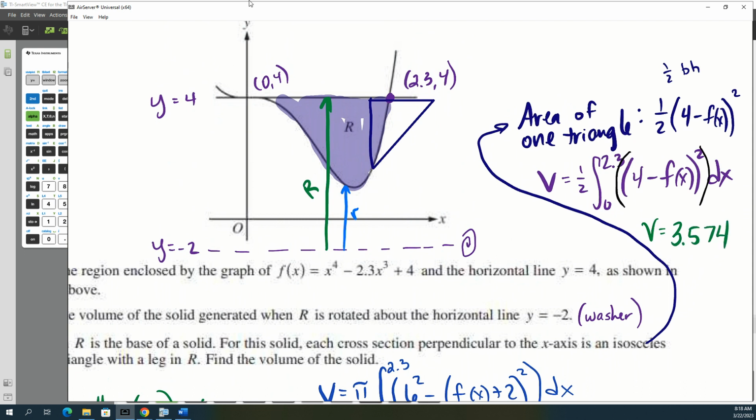So I think you should get 3.574 or 3.573, which I've got.